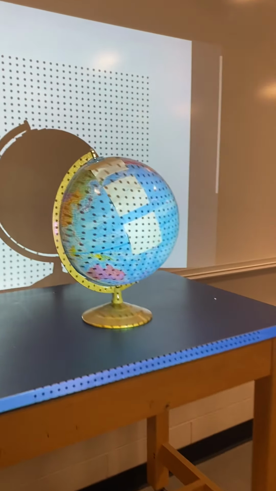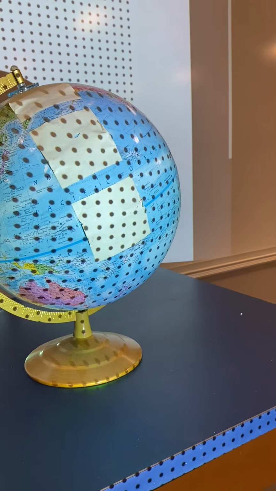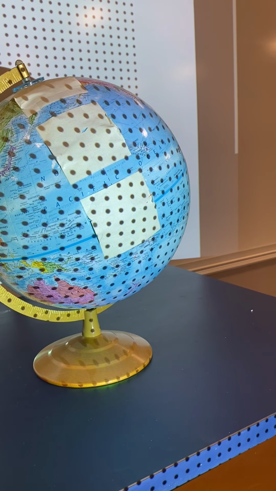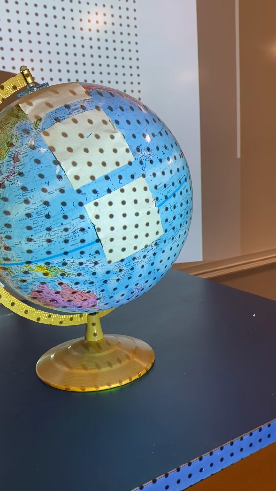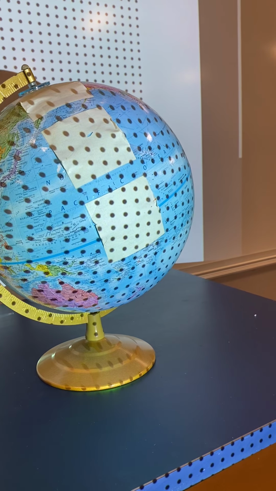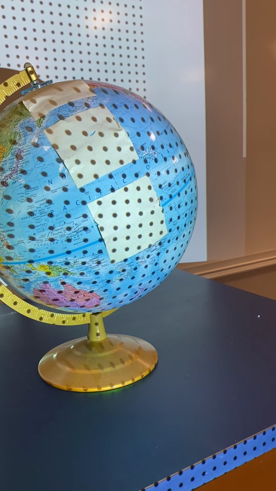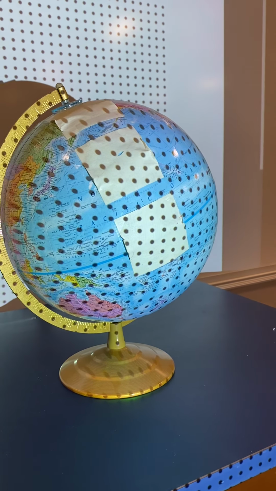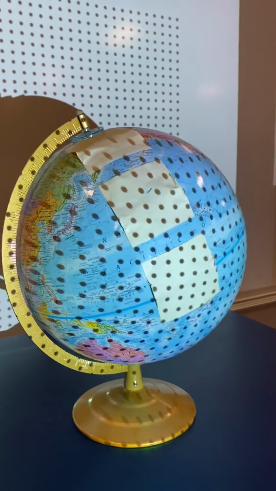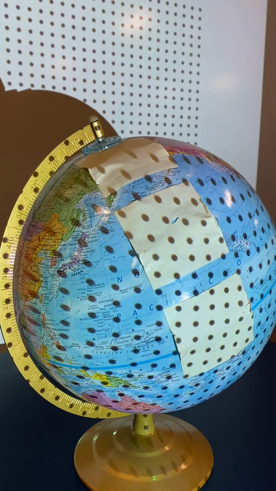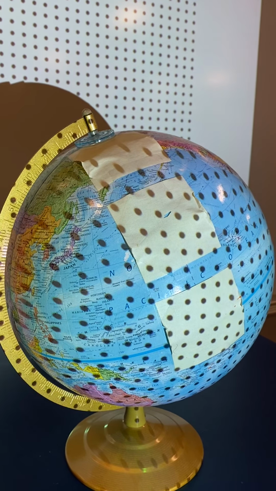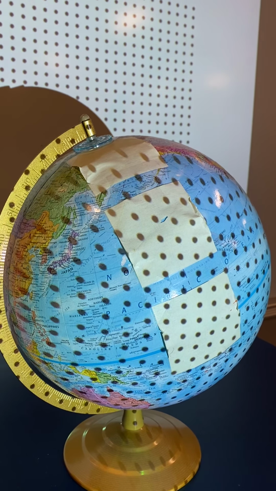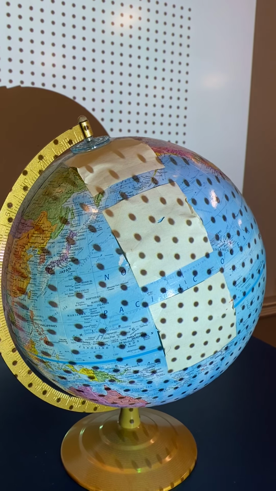So here we go. Let's take a look a little closer. We could count up those dots in the middle. I've got 1, 2, 3, 4, 5, 6, 7, 8, 9, and so on, 30 or 31 dots at the equator. If we go to the mid-latitudes, it's going to be a little less. So I see 1, 2, 3, 4, 5, 6, 7, 8, 9, 10, 11, 12, 13, 14, 15, 16, 17, 18, 19, 20.